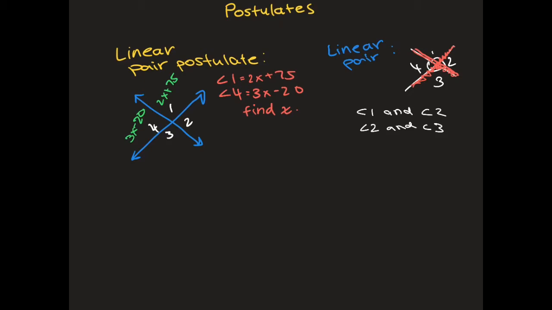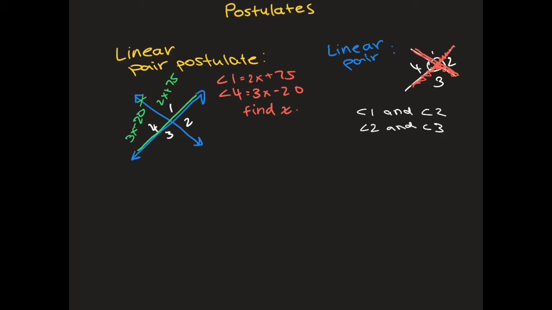In this scenario, they do. They create one full line, so they're a linear pair, and together they make 180.